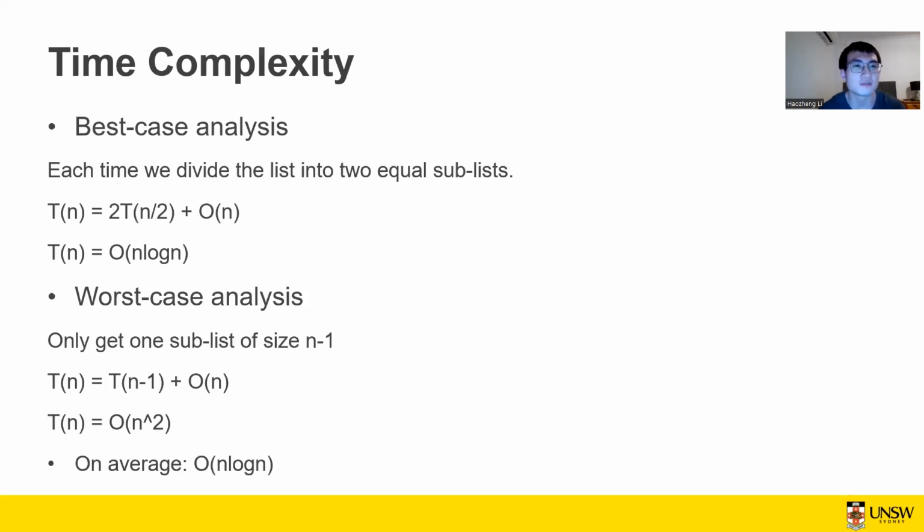At the end of the discussion, we need to analyze the time complexity of the quicksort algorithm. First, we focus on the best case analysis. The best case of quicksort is each time we divide the list into 2 equal sublists, which means if we consider the time complexity of quicksort as T(n), T(n) should equal 2 times T(n/2) plus O(n).